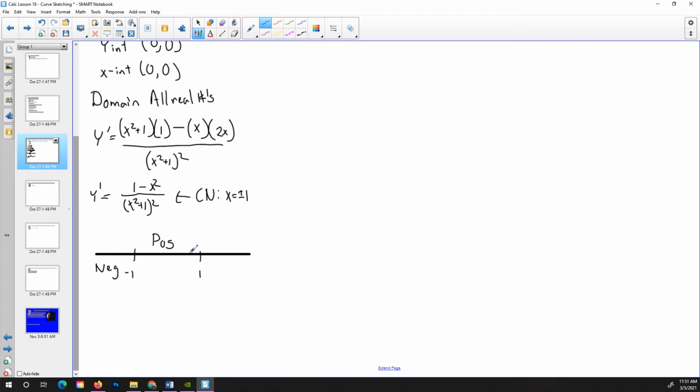And then when I plug in, say, +10, again, I'll get positive 100 here. 1 minus positive 100 is going to be -99, all over a positive value, which means that this interval will be negative from 1 to positive infinity. That means that this function is decreasing until I get to -1, increasing until I get to +1, and then decreasing from that point on.